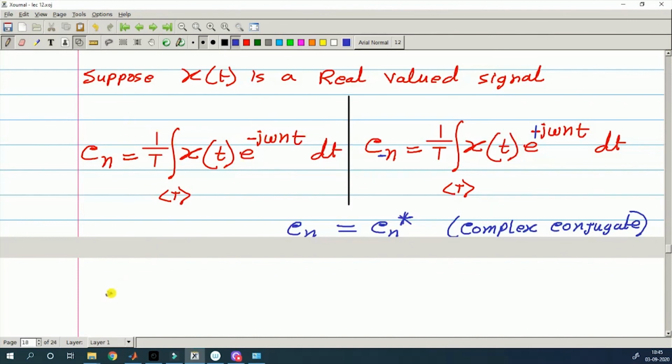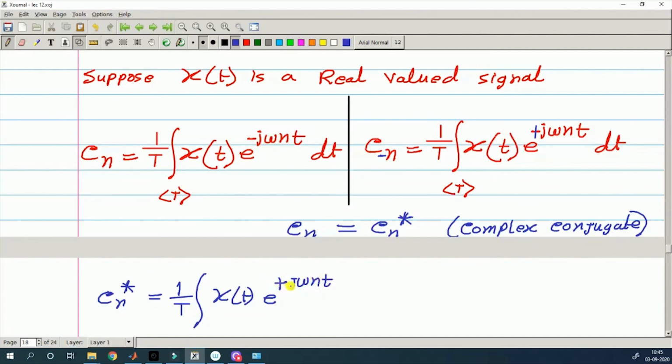Now taking Cn conjugate means conjugating the right hand side completely, but the conjugate of t is just the same as it is. Then the conjugate of x is x, because x is also real, but the conjugate of e to the power minus j omega n t will be e to the power plus j omega n t.